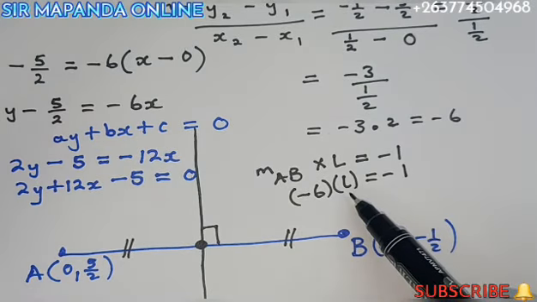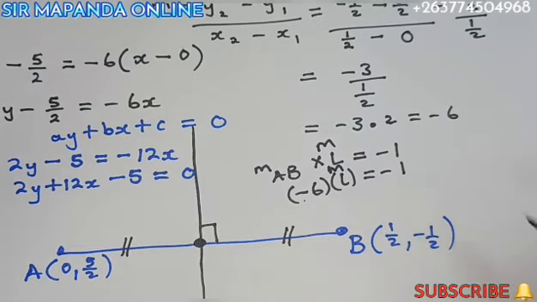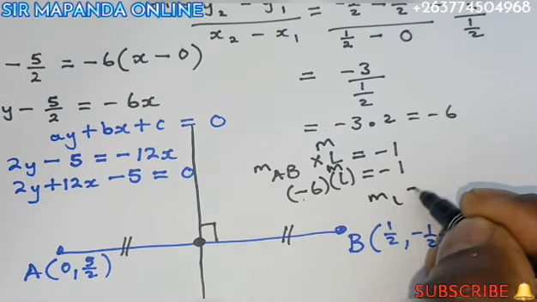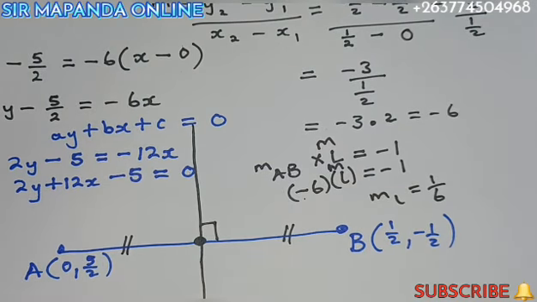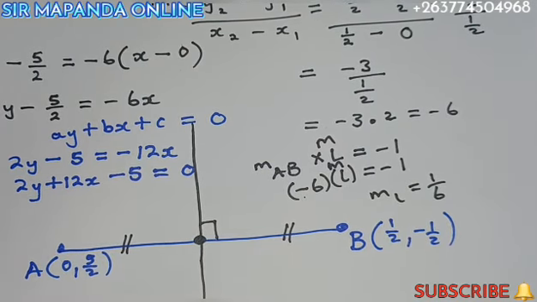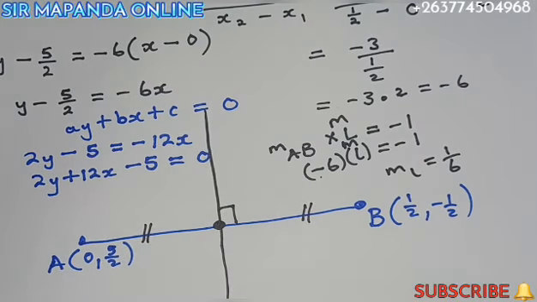To find the gradient of L, which is ML, you divide by -6. So ML is going to give you 1 over 6. So I'm going to use 1 over 6. I hope you are following. Right. But I need to find the midpoint, right, which gives me the point lying on the required line.